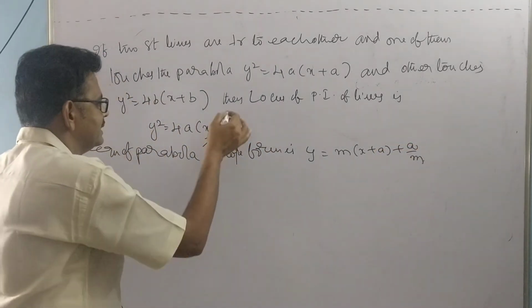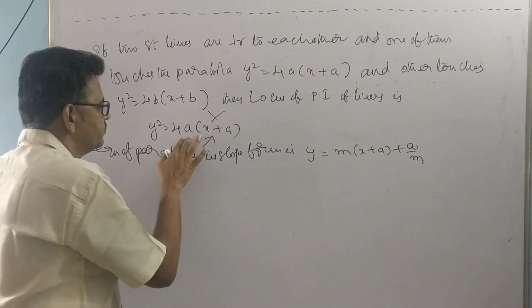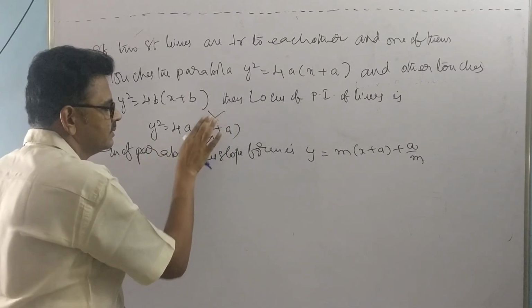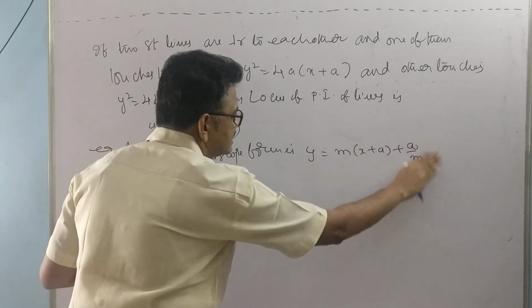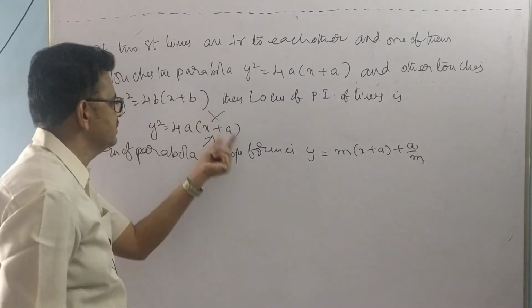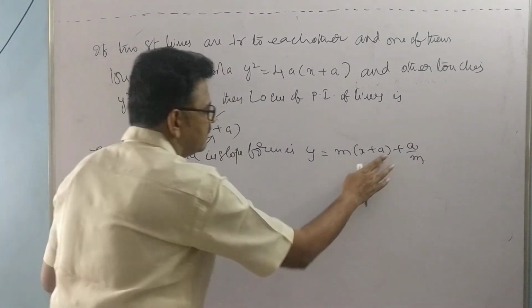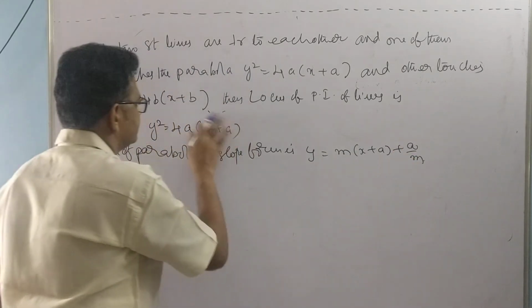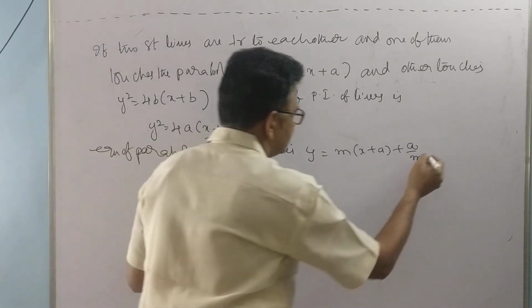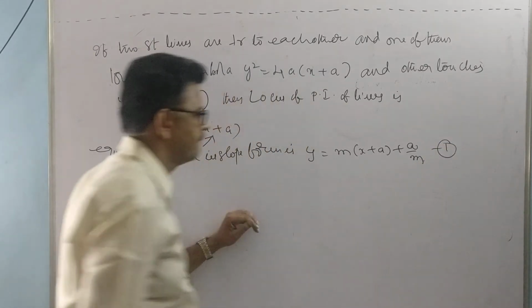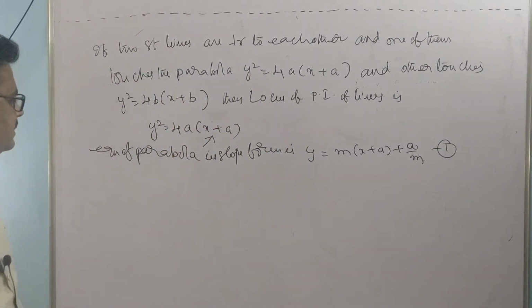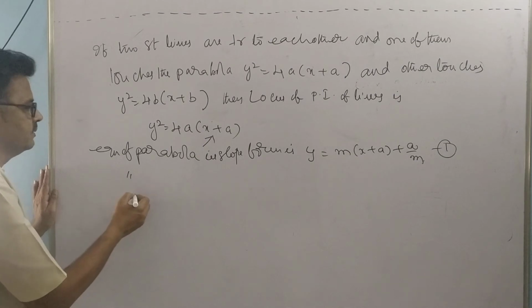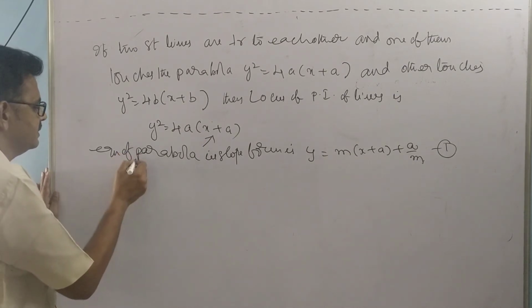Treat it as y square equal to 4aX, where X means x plus a, so capital X, and the tangent is y equal to mX plus a by m. Now this is the first equation. And the next one is the equation of tangent to the other parabola.